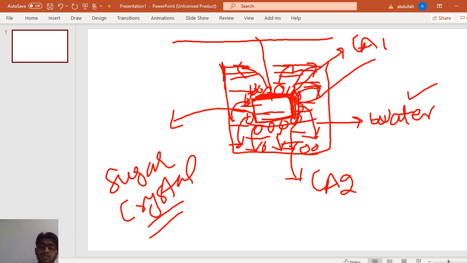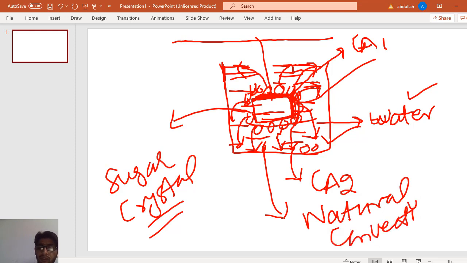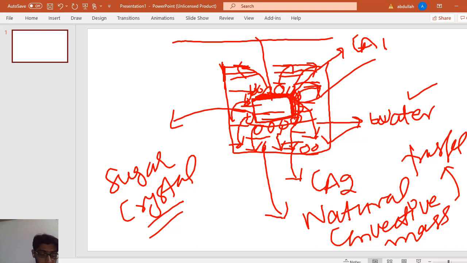Now due to this concentration gradient, mass transfer will take place, and this process is called natural convective mass transfer. It is like natural convective heat transfer, where the change in density is the driving force.